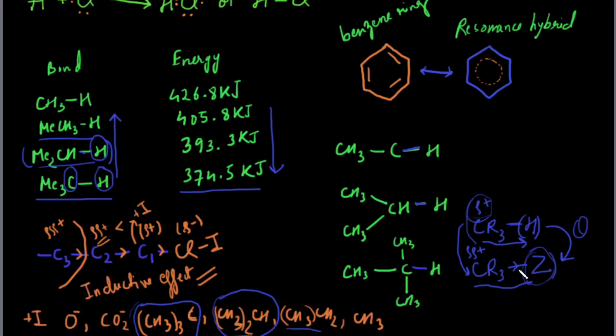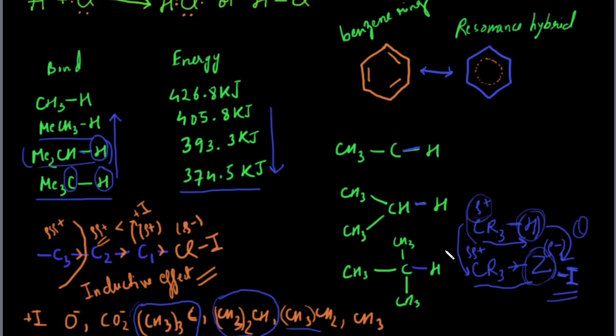A minus I effect is due to electron attracting, and it can also be referred to as getting a del negative of electron density. Due to this, the charge density in the carbon atom of this compound is less than in this one due to the H atom. Electron attracting or electron withdrawing is the minus I effect.